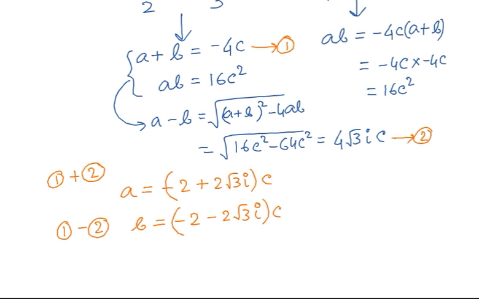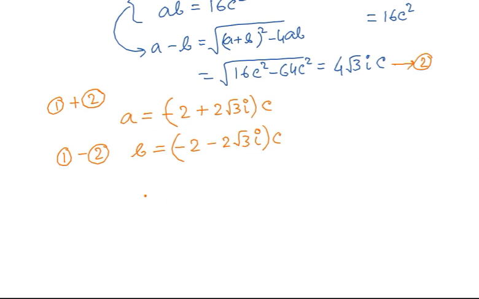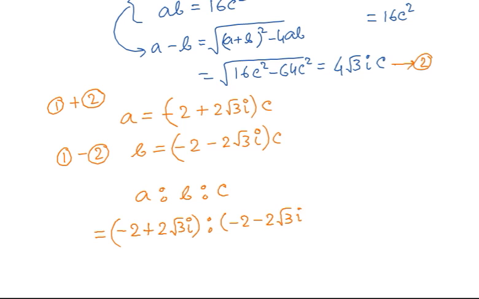So since we are getting the values of a and b in terms of c, our final answer can be a is to b is to c is going to be (minus 2 plus 2 root 3 iota) is to (minus 2 root 3 iota) is to 1. So this is going to be the final answer.